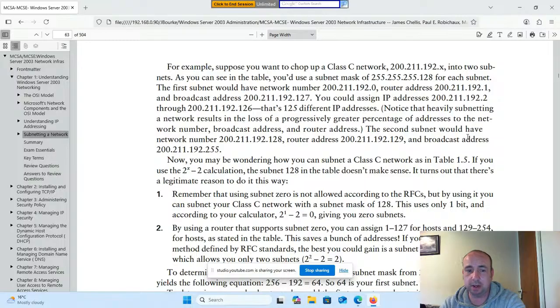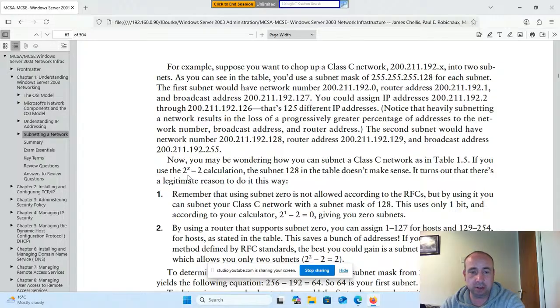The second subnet will have network number 200.211.192.128, router address 200.211.192.129, and broadcast address 200.211.192.255. Now you may be wondering how you can subnet a Class C network, as in table 1.5.